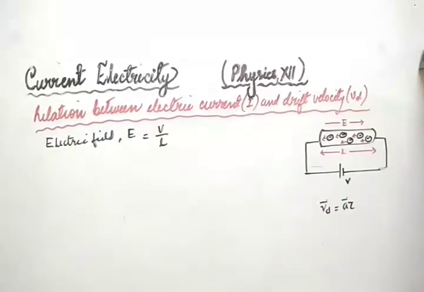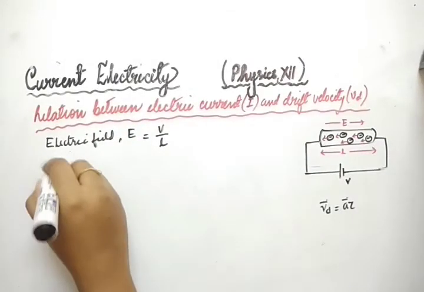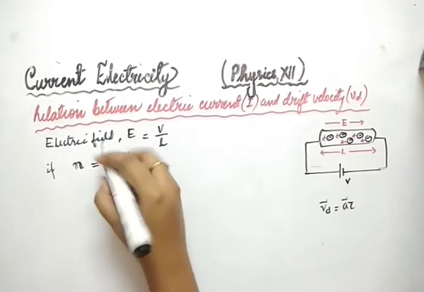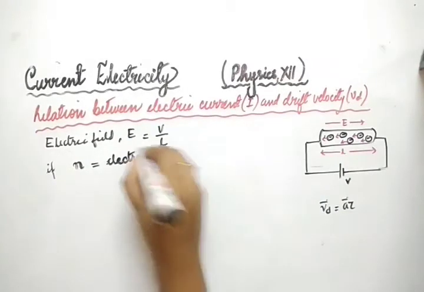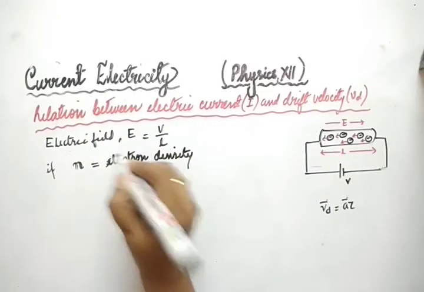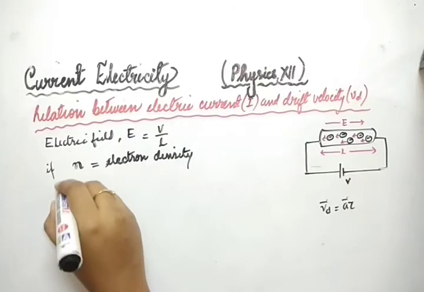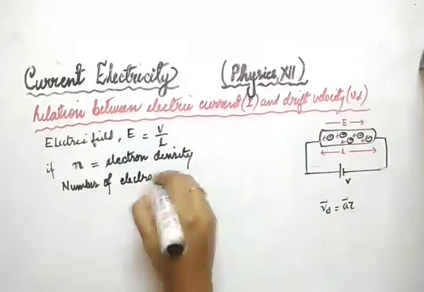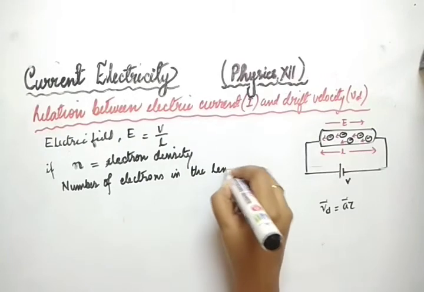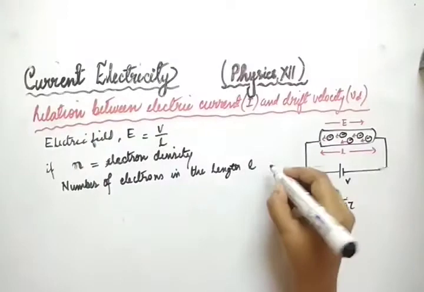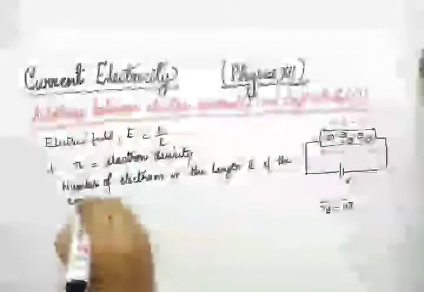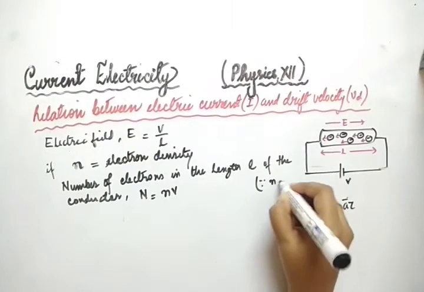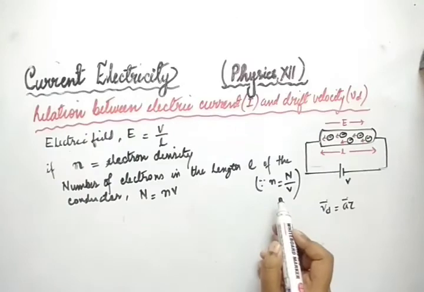Now, if n is the electron density, that is, the number of electrons per unit volume in the conductor, then the number of electrons in the length L of the conductor can be written as capital N equals small n into V. Since small n equals the number of electrons per unit volume, we can write it in this manner.